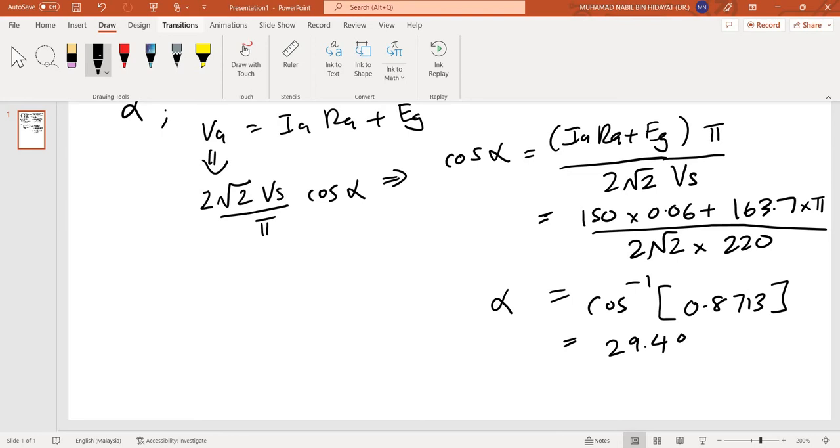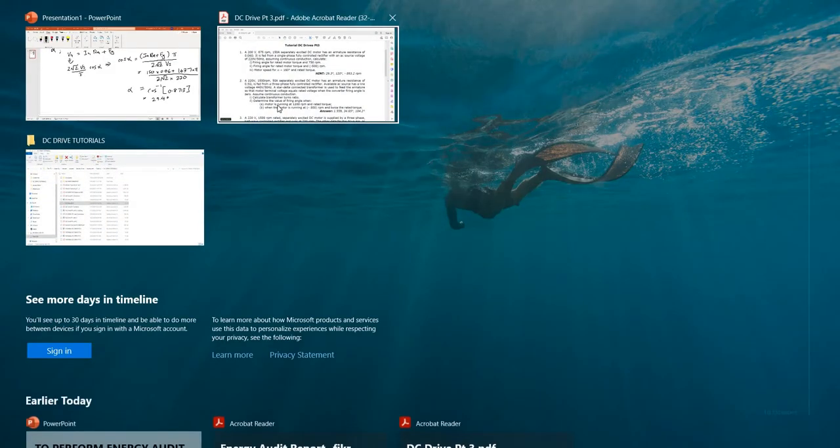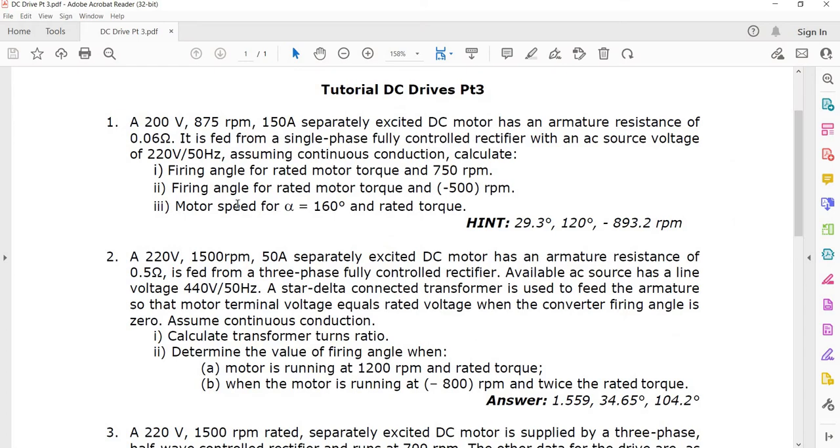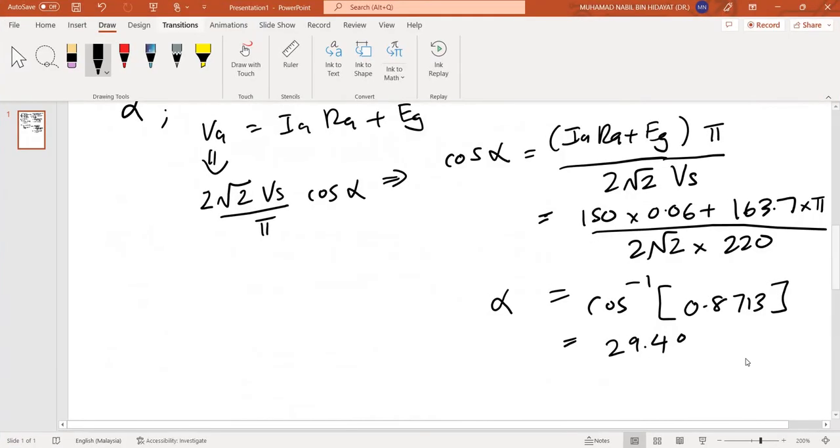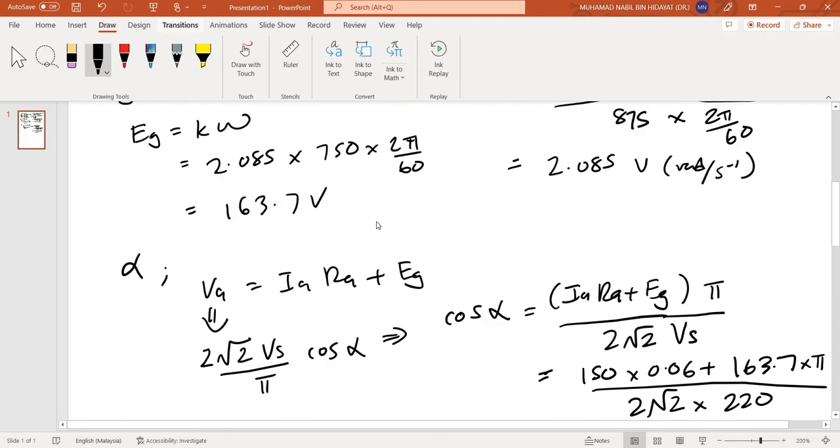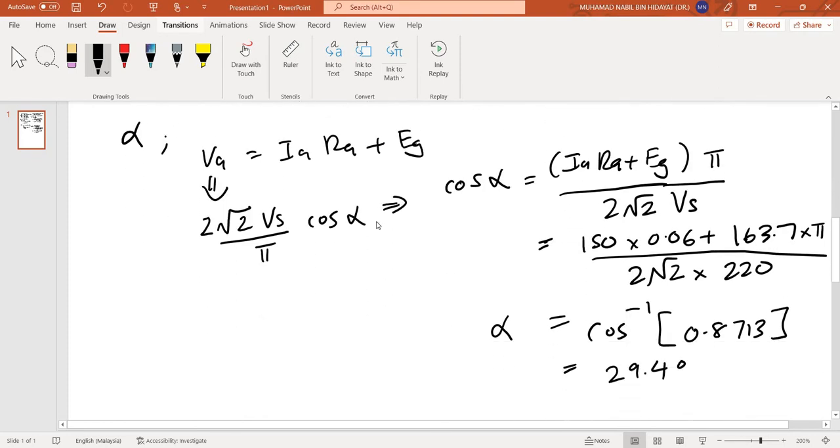Is it the same as the answer that we have in our question? 29.3. Okay, so that's for sub question number 1.